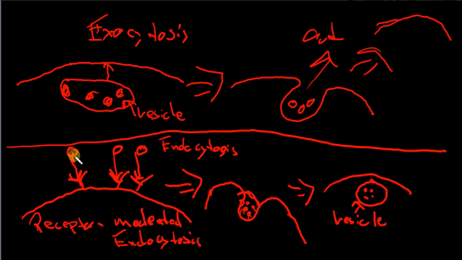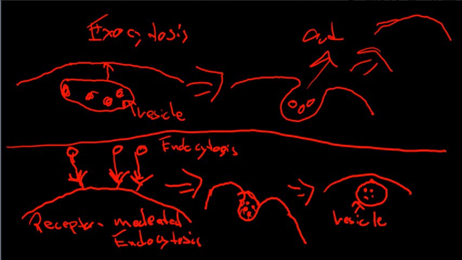Receptor mediated because these molecules wanting to get in have to signal these receptors, tell them, all right, we're going to do endocytosis to pinch off the plasma membrane and bring them inside. Sometimes that doesn't have to happen, so that's not receptor mediated, but this example is one of receptor mediated endocytosis, bringing in molecules that way.